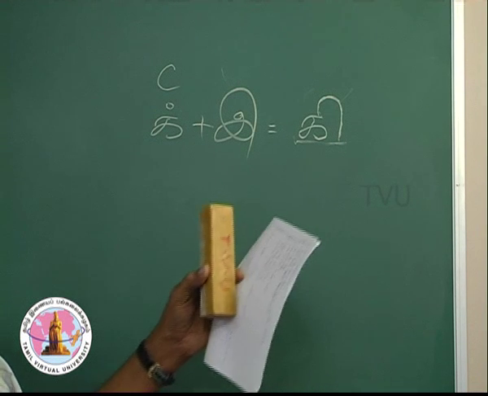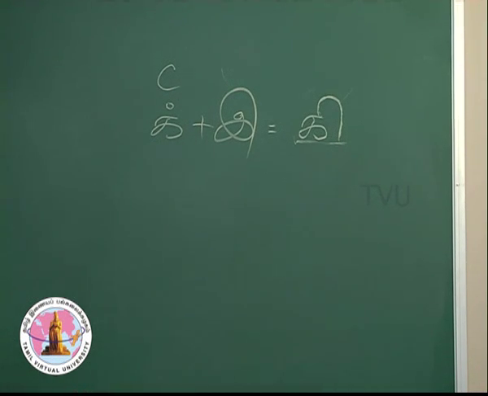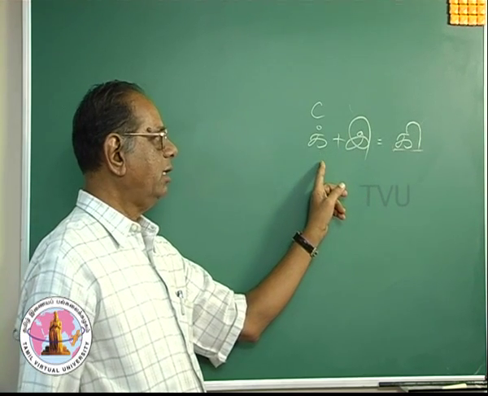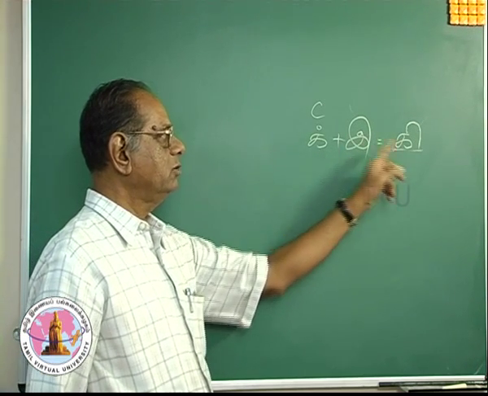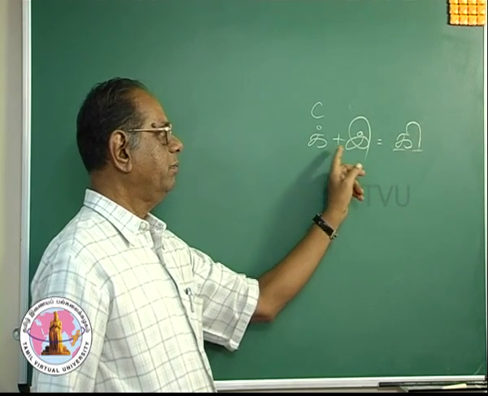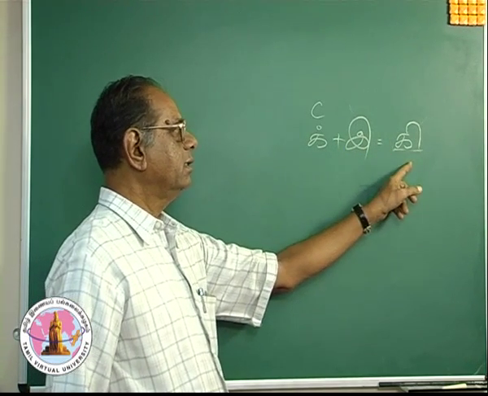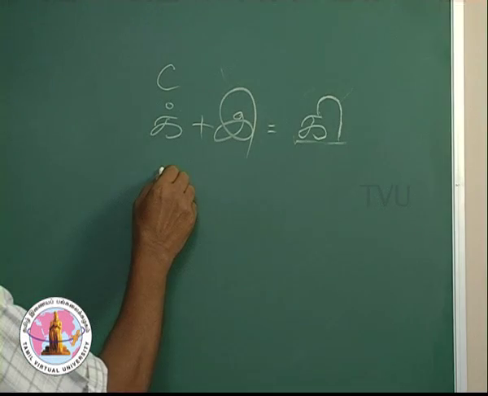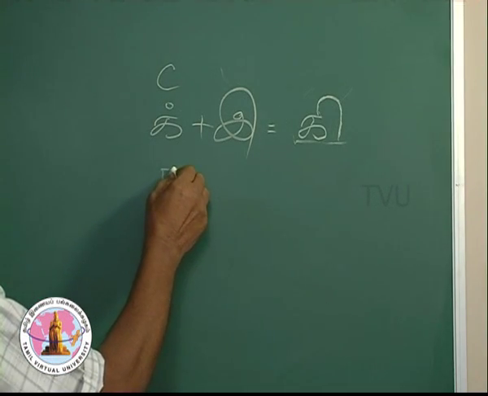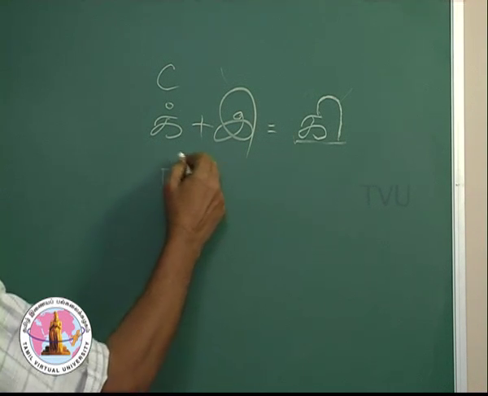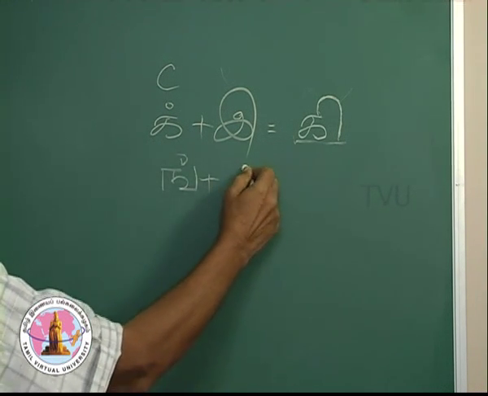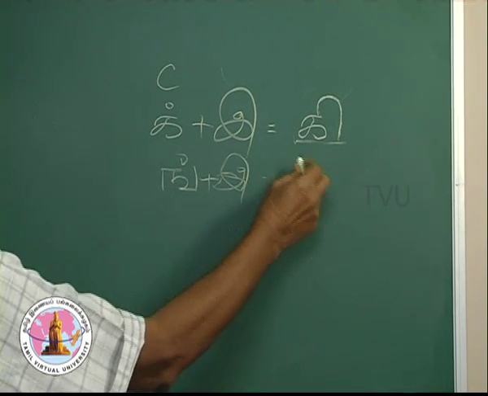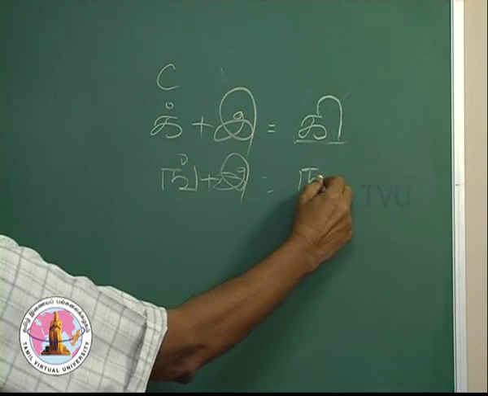So, this is ki. Ik plus i, consonant plus vowel, consonantal vowel, ki. So, naturally, the next letter we take up is na and i. This is ni.